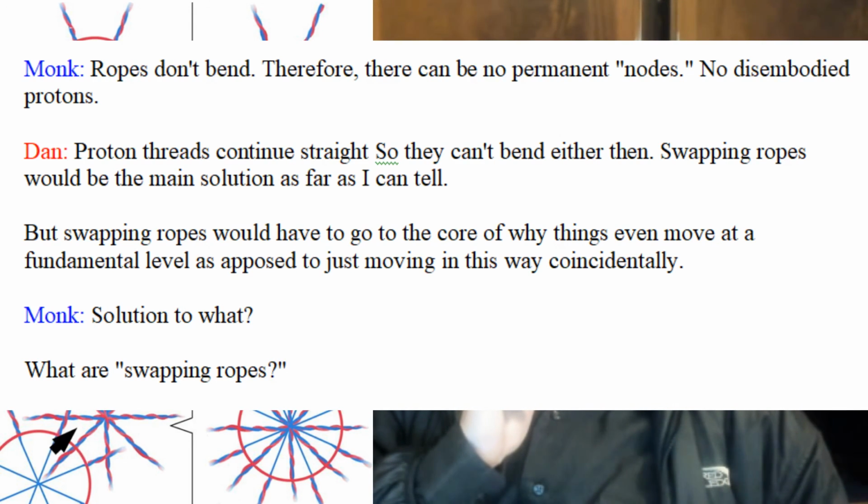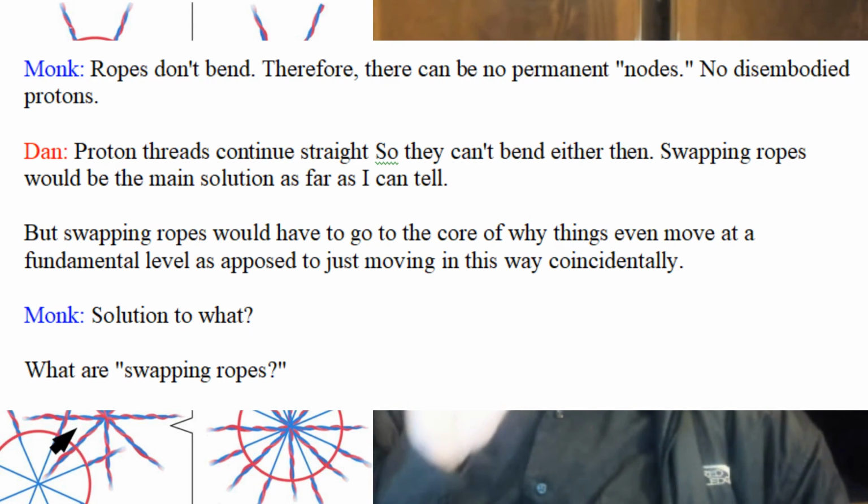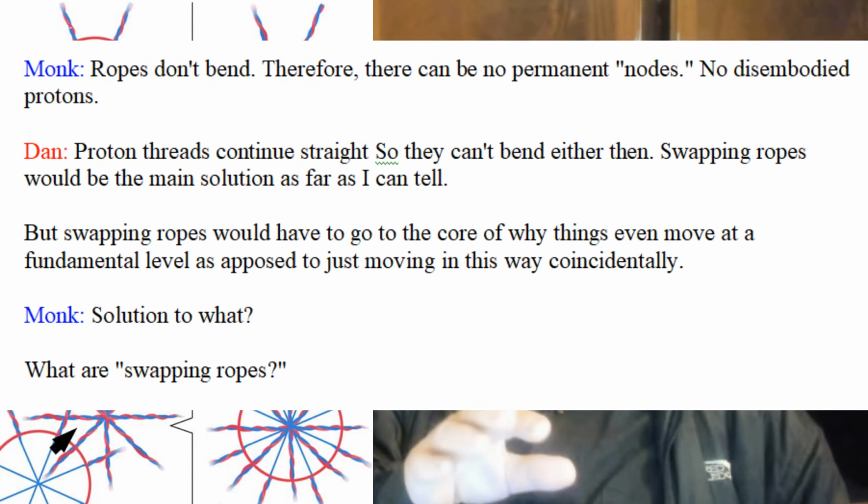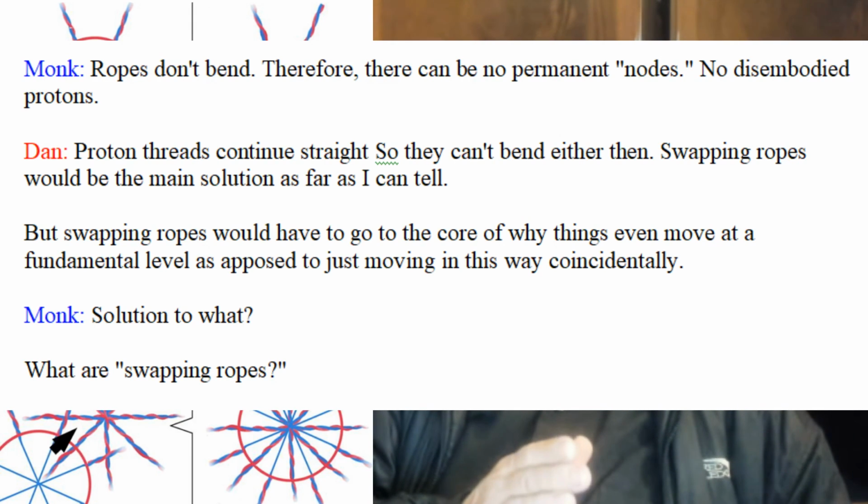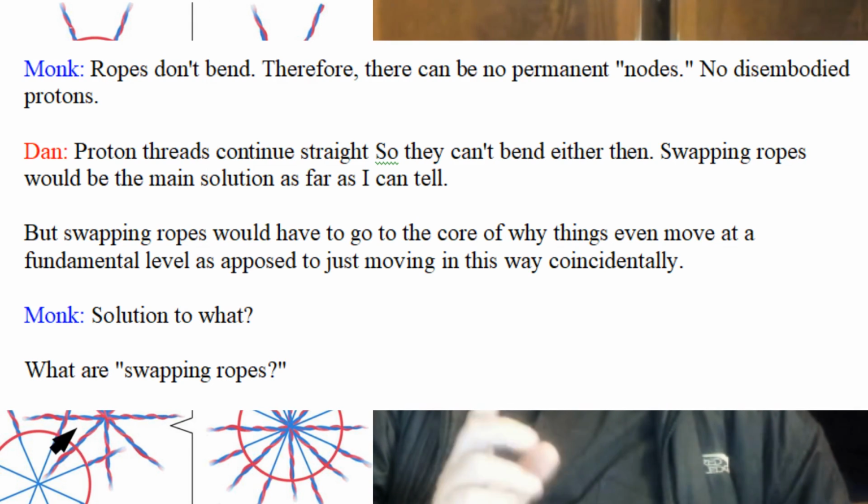Okay, so I see what you're saying. But you need to explain mating a little more clearly. I'm still not understanding exactly what you mean by mating. But let's see if I can make sense of your previous statement. Ropes go through ropes under certain circumstances. Keep that in mind. Only under certain circumstances.